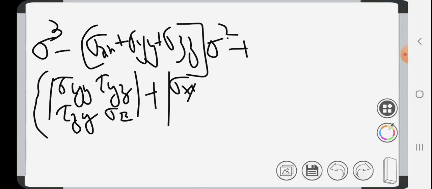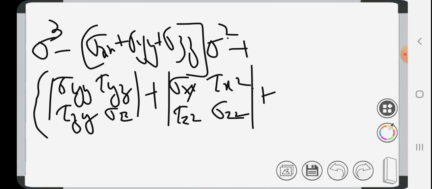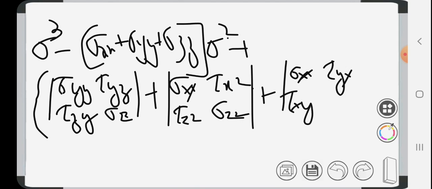So the terms are tau xz, tau zx, sigma zz, plus sigma xx, tau yx, tau xy, sigma yy.